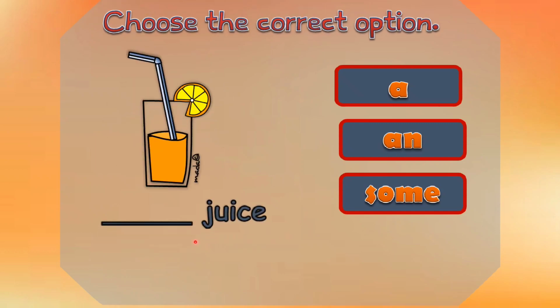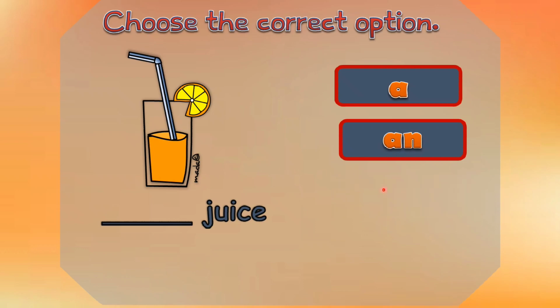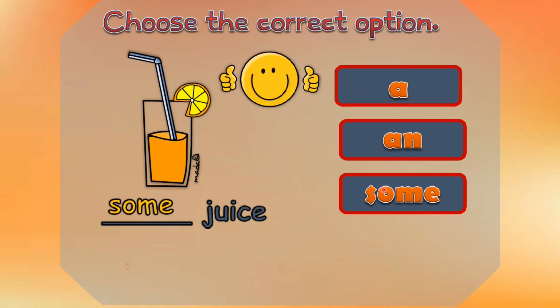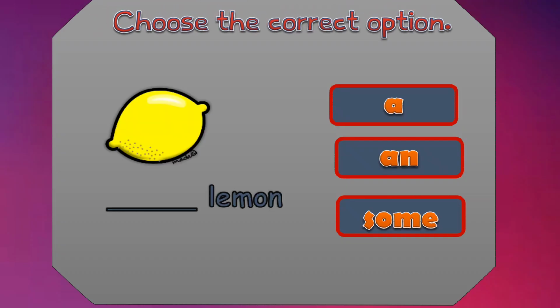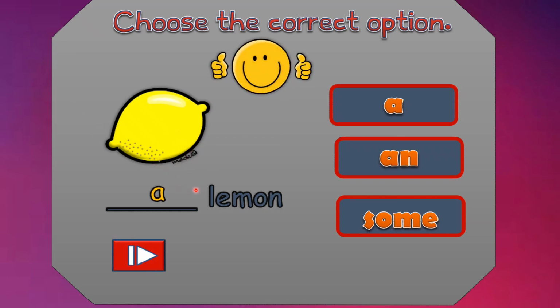But this one, juice. Can you count the juice? Yes or no? Of course you can't. So we will be using some juice. How about this one? Lemon. Lemon is only one and it starts with a consonant sound, so we will say a lemon.